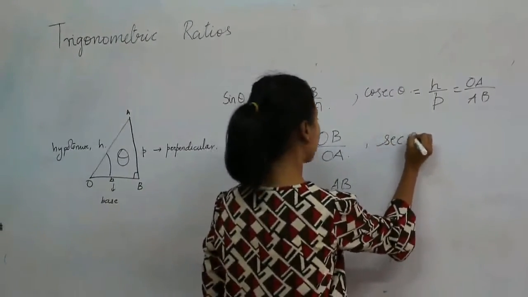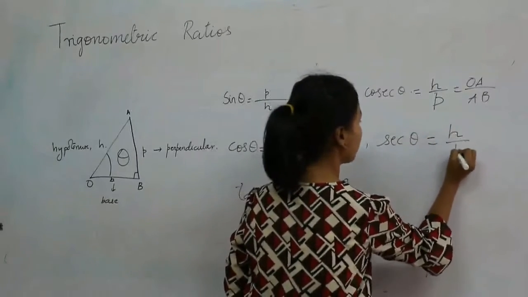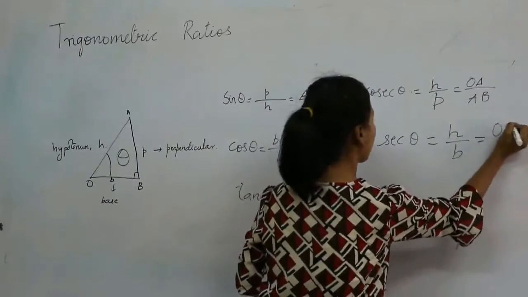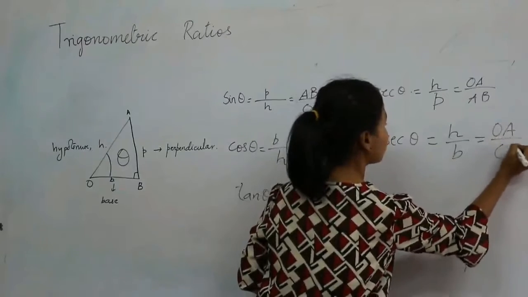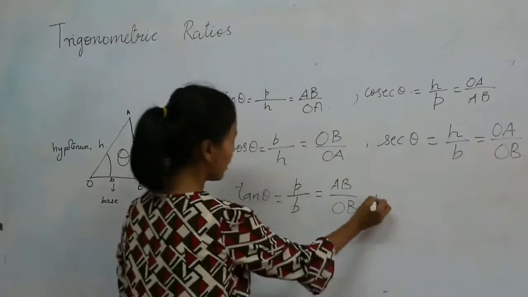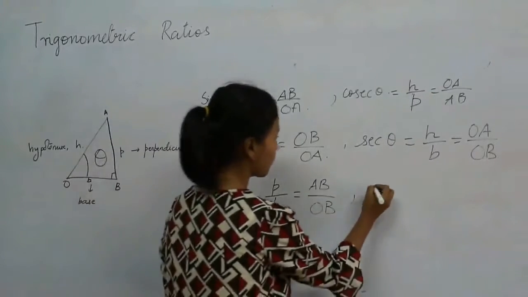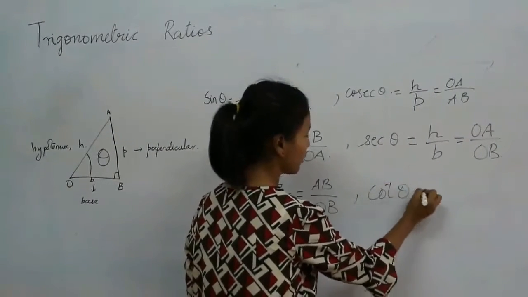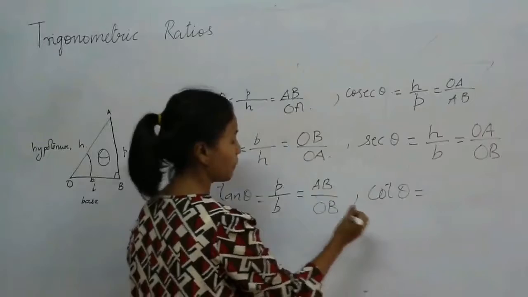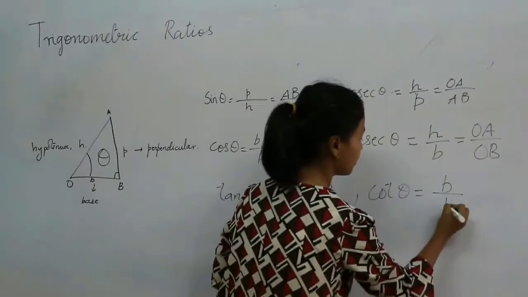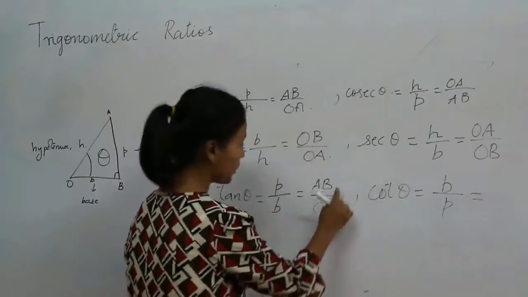Sec theta is given by hypotenuse by base, which is equal to OA by OB. Tan theta is given by perpendicular by base. So cot theta is given by base by perpendicular, which is equal to OB by AB.